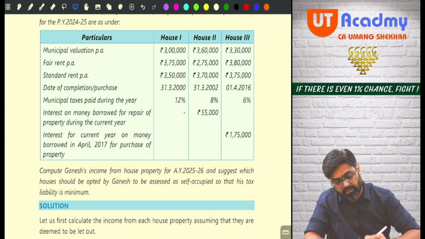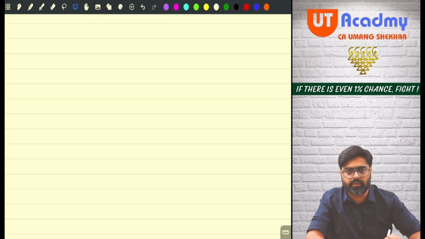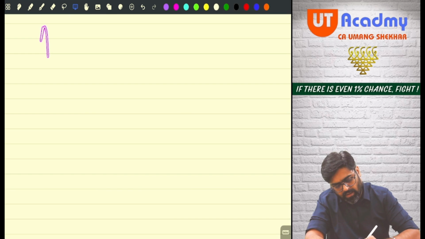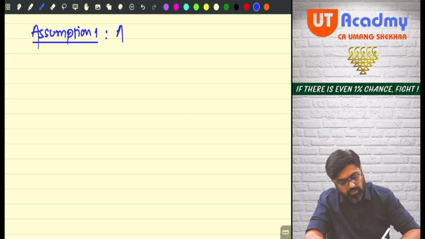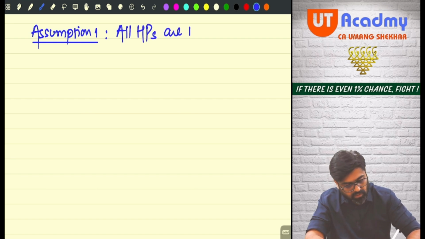So pay attention here. Three houses are there. First, let's make an assumption. Assumption 1: let's assume all house properties are DLOP.